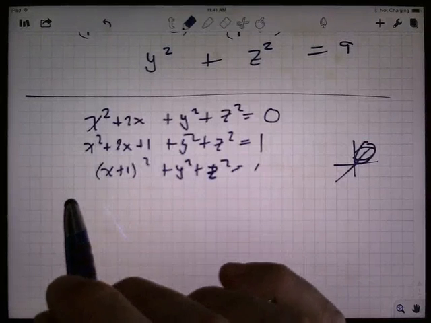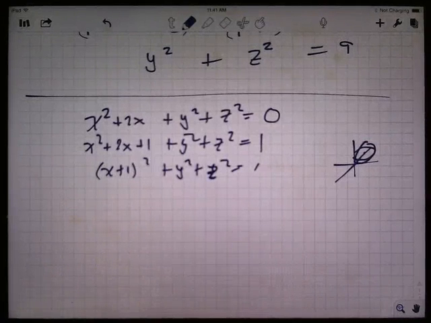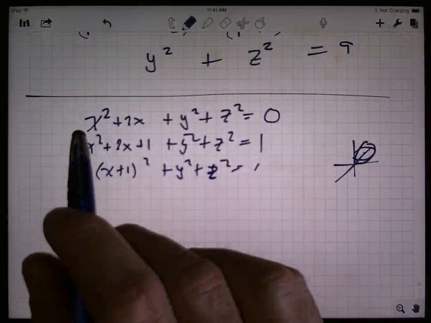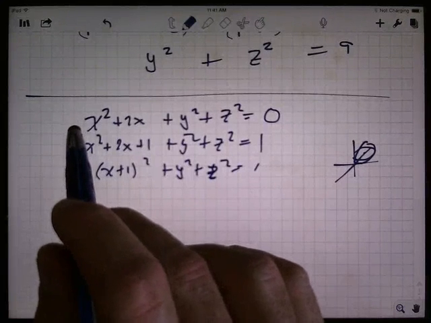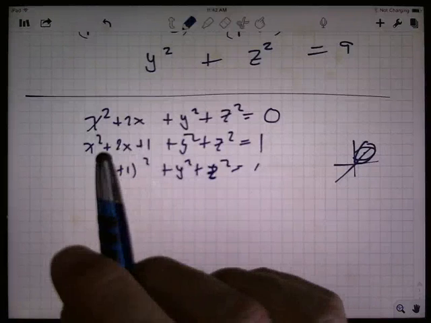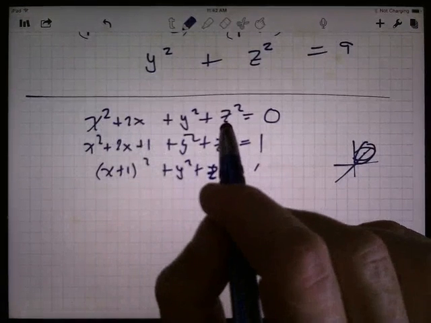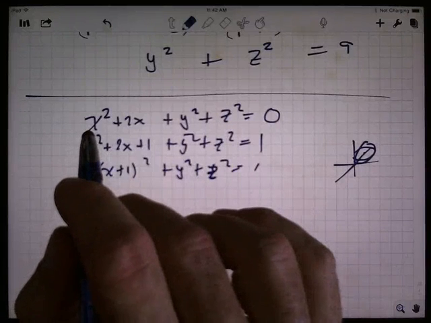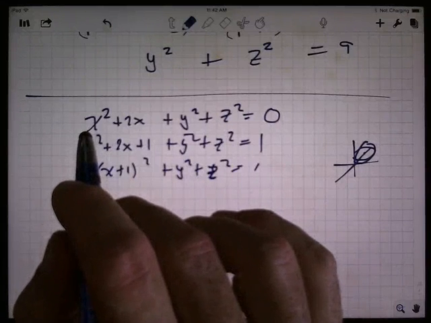But what they want is for me to put this in spherical coordinates. I say, okay. So going to spherical coordinates, there's one straightforward way that always works, but sometimes it's more work than it's worth. Every place I see a z, I can put in a rho cosine phi. Every place I see an x, I can put a rho sine phi cos theta.